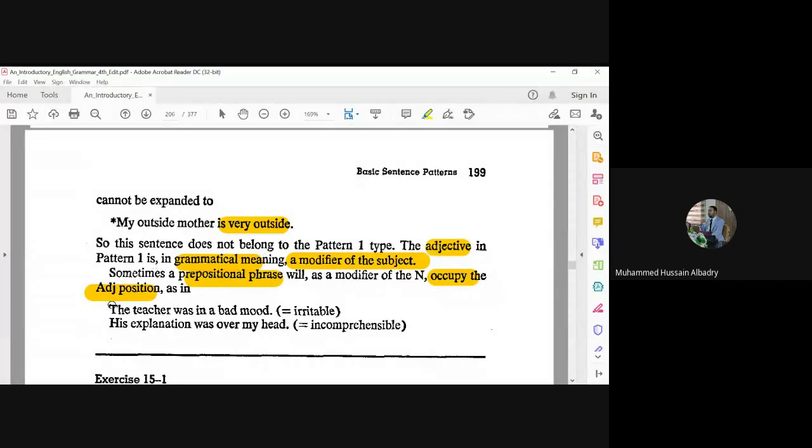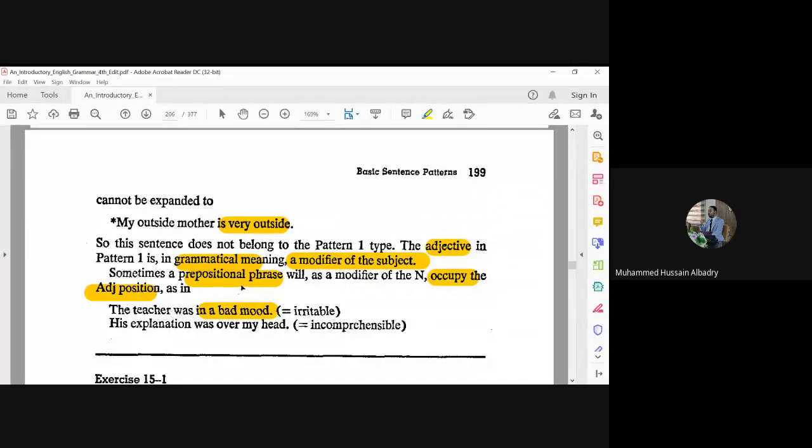Occupy adjective position. For example, the teacher was in a bad mood. This is what? A prepositional phrase. من تقول the teacher was in a bad mood يعني كأنما هاي adjective.